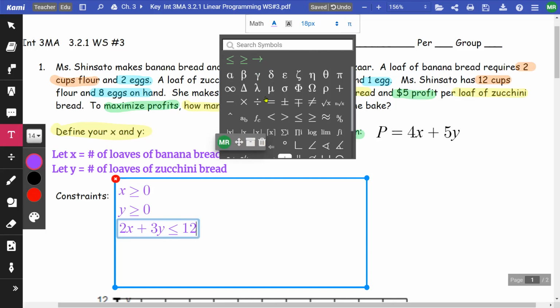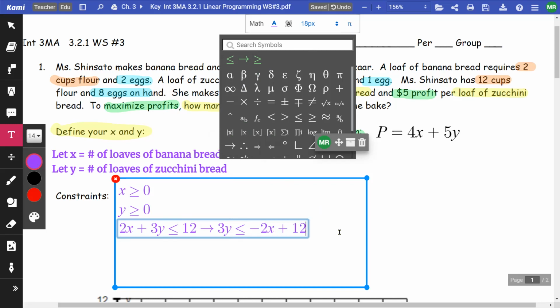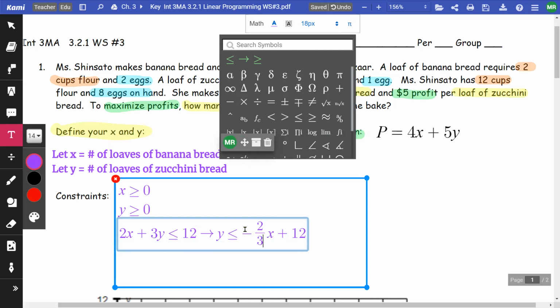If I want, I can clean this up and get it in Y form. So I get 3y is less than or equal to negative 2x plus 12. I could then divide everything by 3. When I divide this by 3, it becomes y. Then I get a negative 2/3, and then a 4. So I could write it in that form, and this is dealing with our flour.